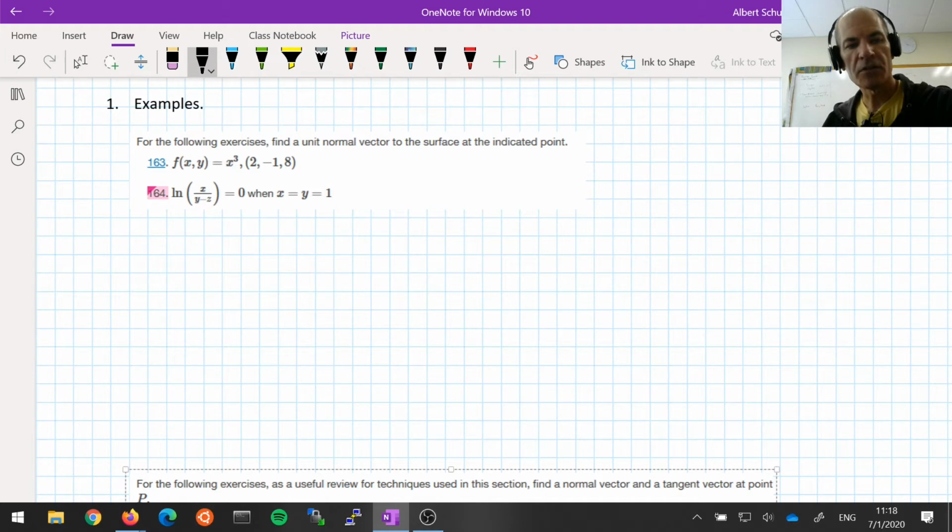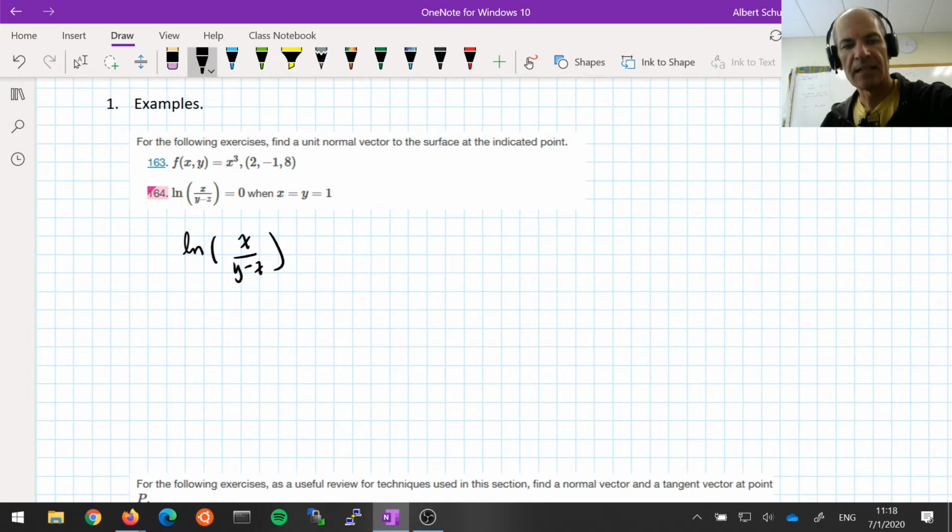Let's look at this surface in 164. This is not a wonderful example, but we'll work it anyway. The natural log of x over y minus z equals 0 can actually be simplified dramatically.